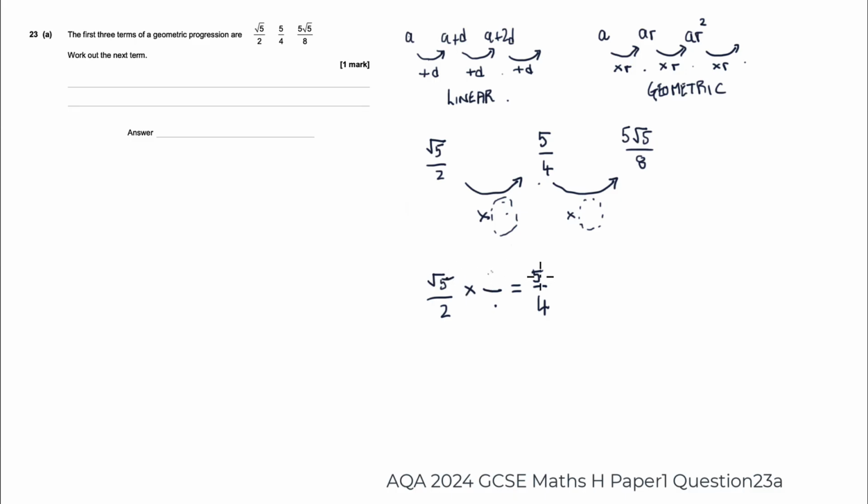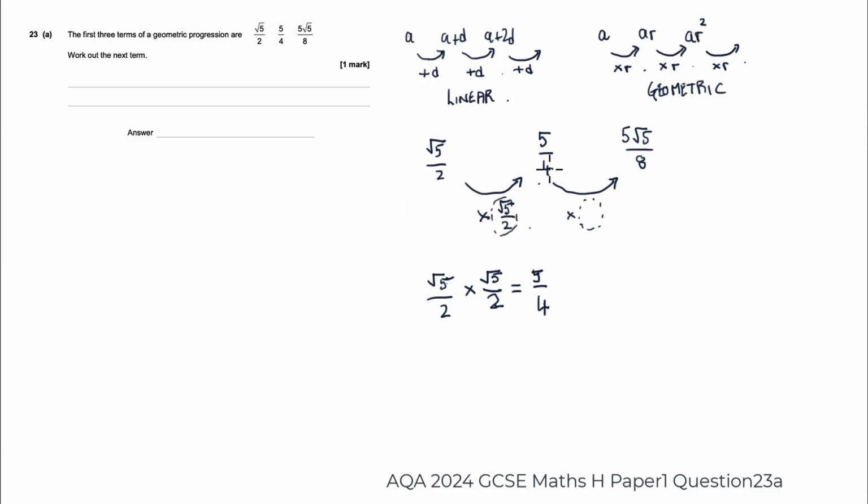Root 5 times something gives me 5. Well, root 5 times root 5 gives you 5. That's what the definition of the square root of 5 is. It's a number times itself gives me the 5. And 2 times what gives me 4? 2 2s are 4. So it looks like the number is root 5 over 2.